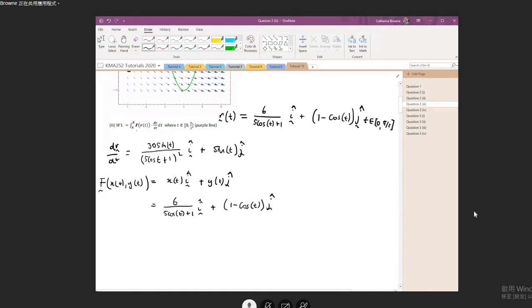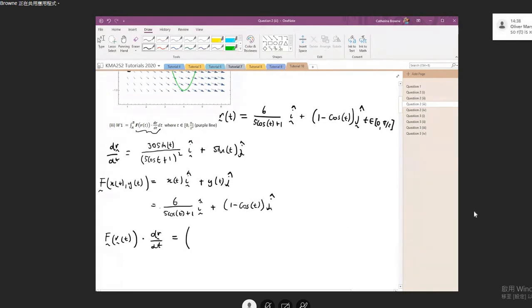And so now we want to find this part here, this f of r of t dot dr dt.